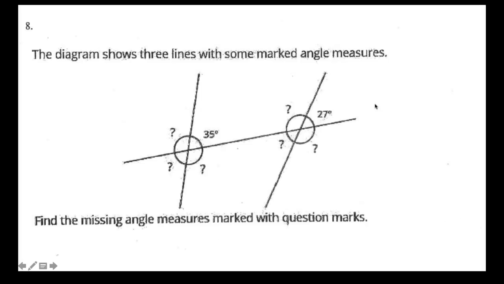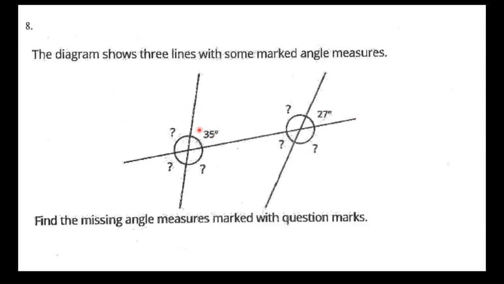And finally, number 8 is review. Now, one thing I want you to notice, if you look at this, it does not look like I have parallel lines. Nothing in the instructions talk about parallel lines. They'll either tell you they're parallel, or you'll be able to see, because the measurement we're given on the left is 35.